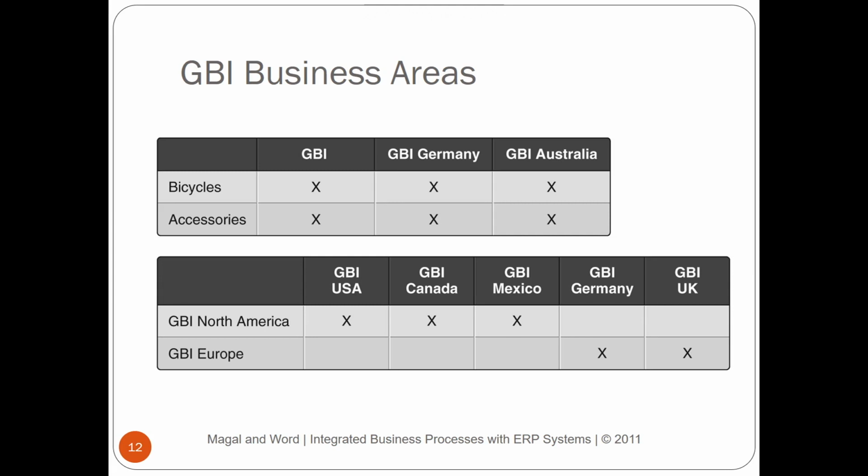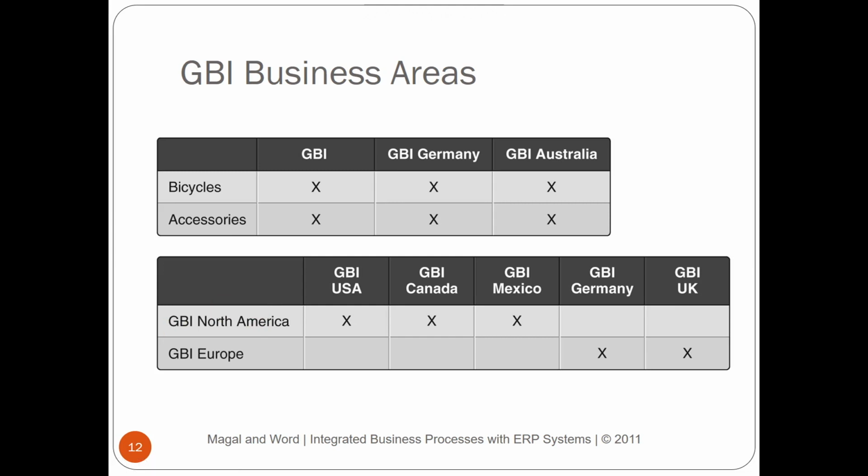It also defines two business areas based on the product lines, bicycles and accessories. GBI will generate the financial statements for both business areas across all three companies.